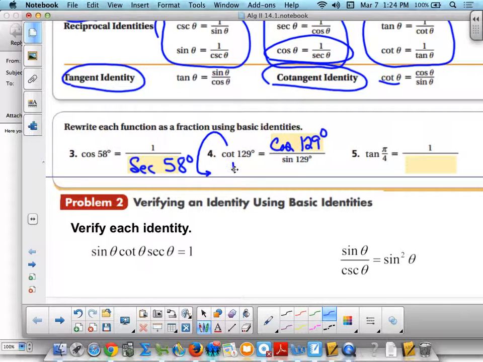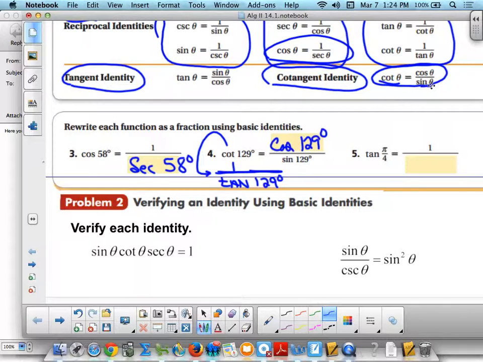Cotangent is just the reciprocal of which one? Tangent. Why couldn't I have written that? And the answer is, you can write that, except they put sine on the bottom. And when they put sine on the bottom, it was this identity, right? So you kind of got to look at what they put there for you.